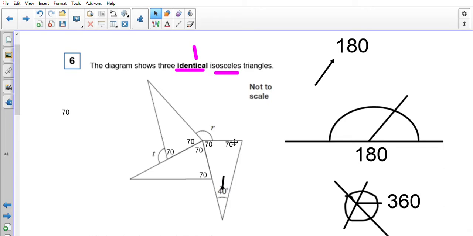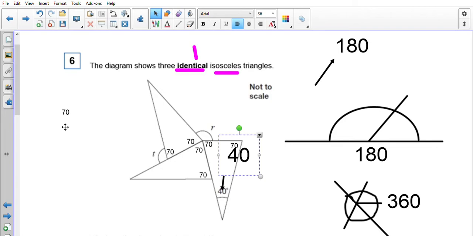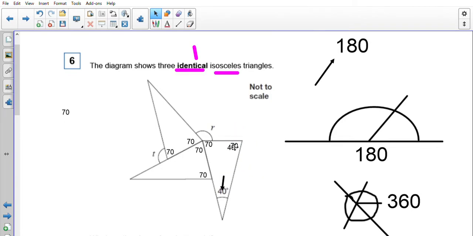You can see R started to explain itself just by me labelling what I know. I haven't really started trying to work this out yet, but I can already see what R is going to be. I wonder if you can work that out. Let's make a 40, that's going to go up there, and pop another one of those up there. Lovely. So I've labelled my angles. Now I can work these things out.